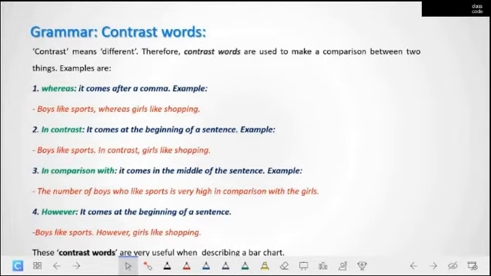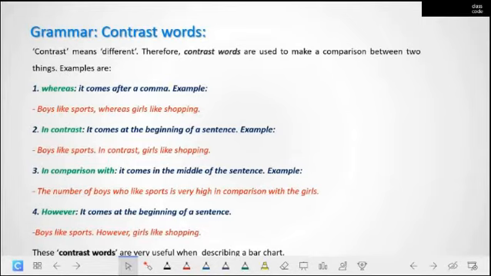Number 4, it comes at the beginning of a sentence. As we said, it can come in the middle, but for today's lesson, we will be using it at the very beginning of a sentence. After it, you will have a comma, just like in contrast. Number 2 and 4 are almost the same. After in contrast, you'll have a comma, and after however, you will have a comma as well.